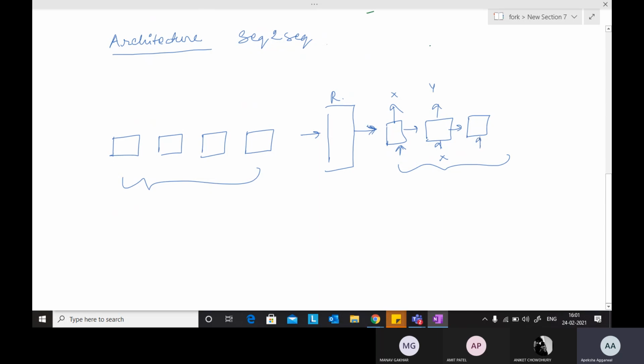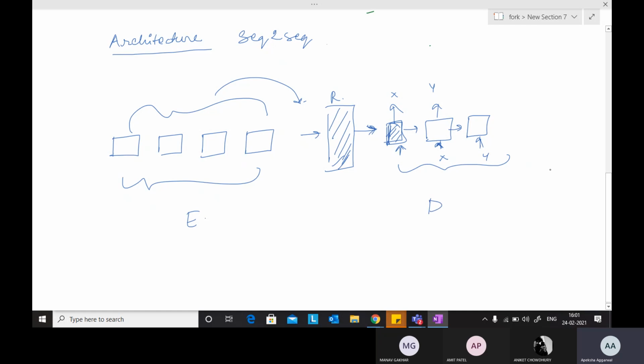In RNNs, at every cell you have two inputs: one is the current input being processed, and the second is coming from the previous activations. For this you have the intermediate representation, generated from the whole input sequence, which is your encoding part. So this is the encoder and this is your decoder.